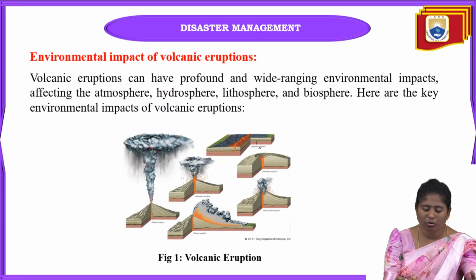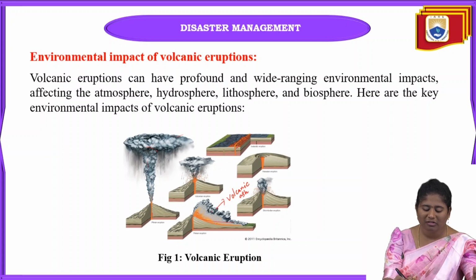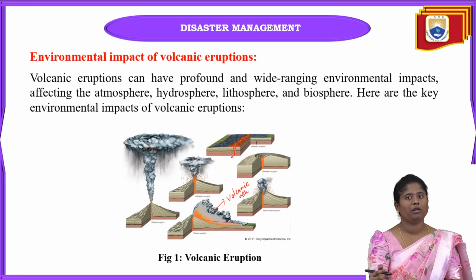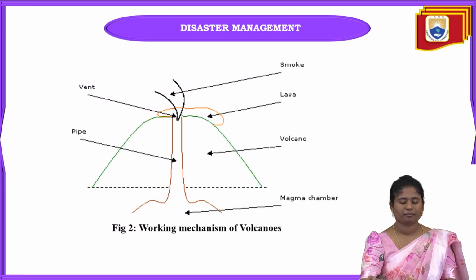And due to this, you can see this lava flowing, and this one is the volcanic ash. Because of this, there will be some negative impact and also positive impact. Due to this lava flowing, there will be a very large difference in the earth crust.